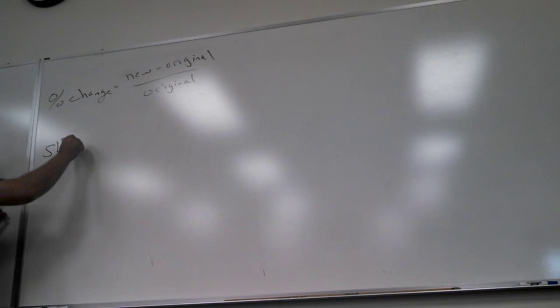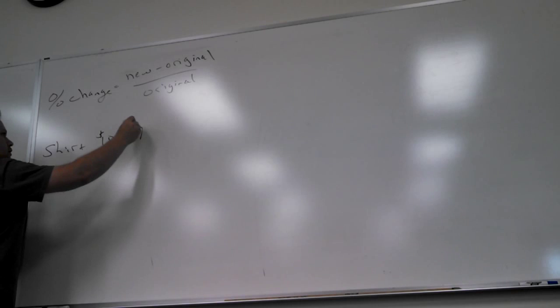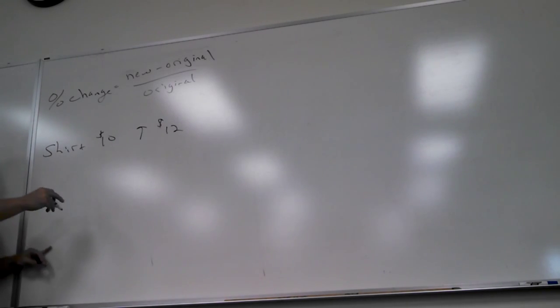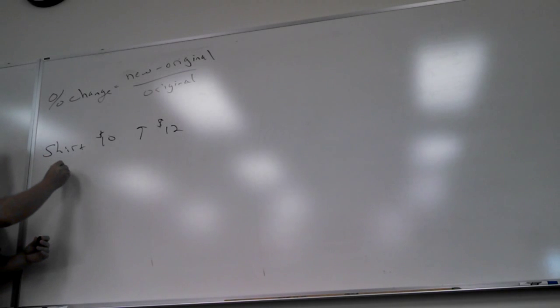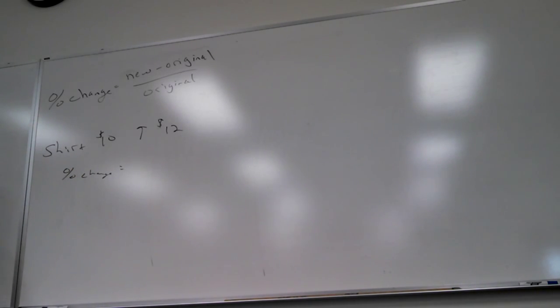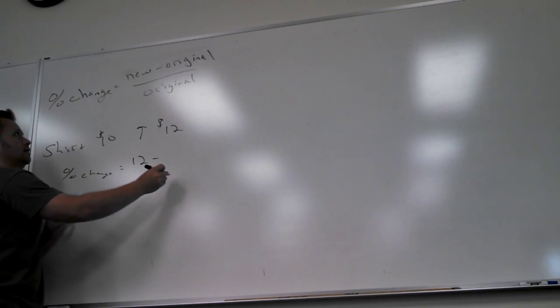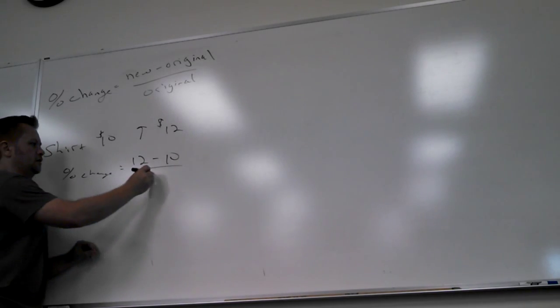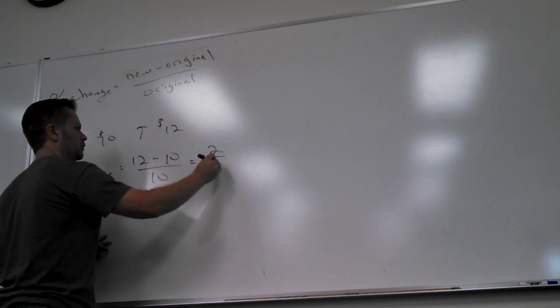For example, if a shirt used to be $10 and now it's marked up to $12, the new price is $12 and the original is $10. So the percent change is related to 2 out of 10.